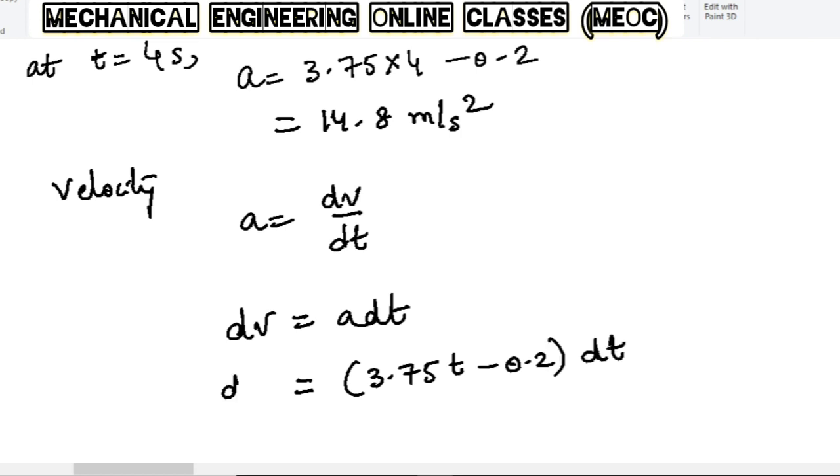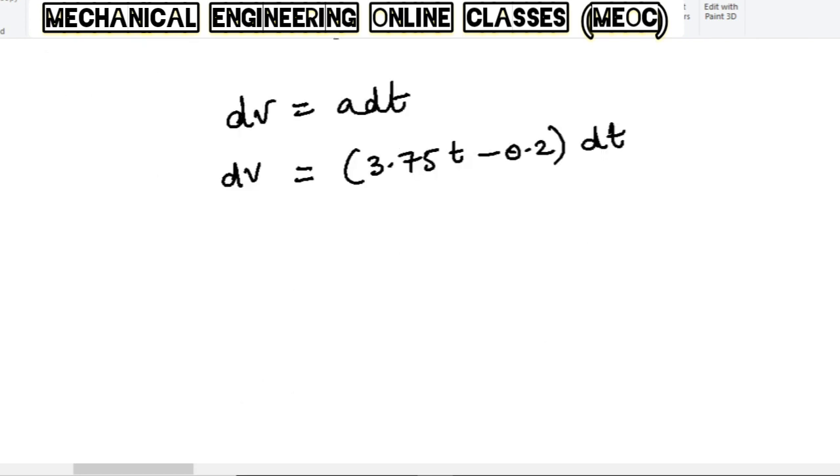So this is dv. Let us integrate this equation on both sides. V is changing from some v1 to v2. V1 is when t is 0. At t equal to 0, v1 is given as 3 meter per second. We have to find v2 at t equal to 4 seconds.